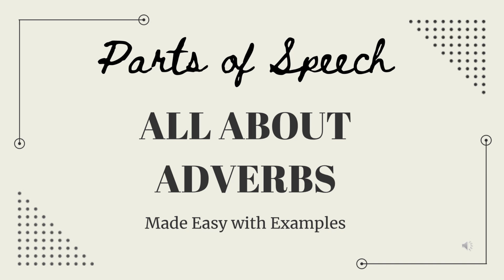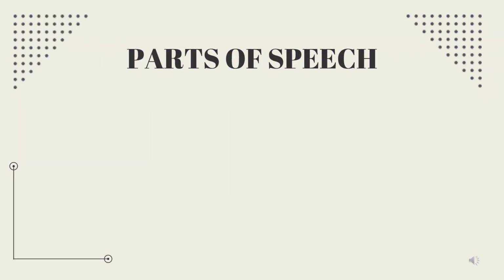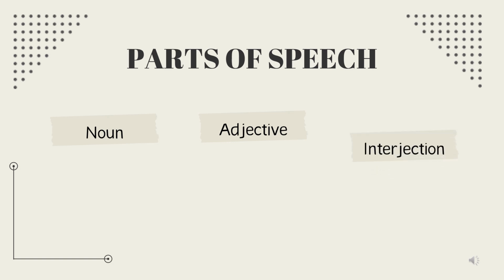Let's go next. Before we dive in, let's take a moment to look at the foundation of our language, the 8 parts of speech. These are the core categories that every single word in English belongs to. We have nouns, which give names to everything around us. Adjectives, which describe those nouns. Interjections that express emotion.